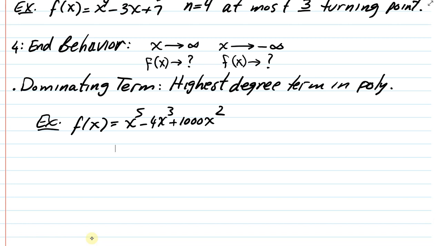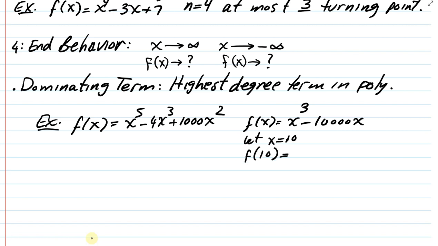Okay. Another example, suppose I have x cubed negative 10,000x. Okay, and there we have that one. Now, to show you what I mean by dominating is this. If I let x be 10, small number, okay, well, f at 10, what is it going to look like for the cube function?